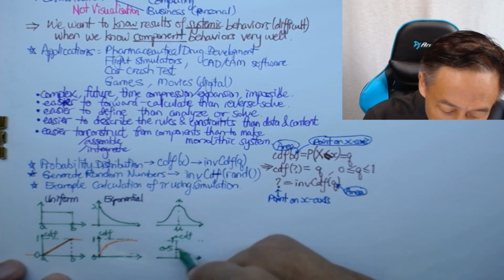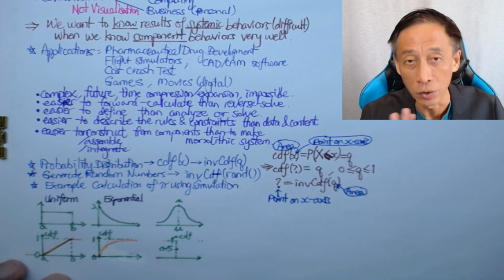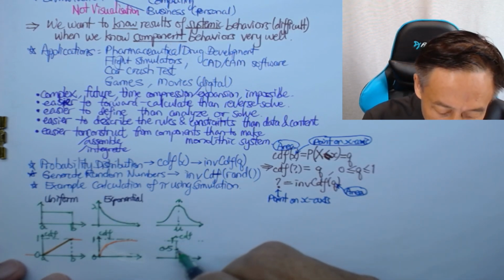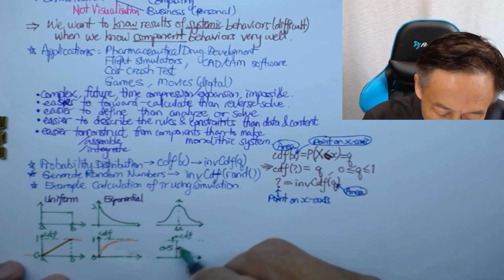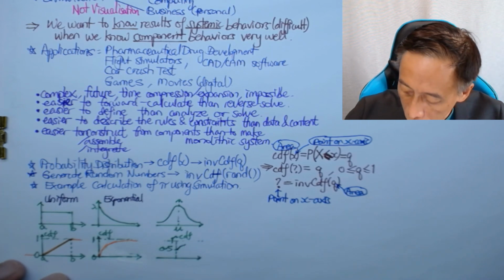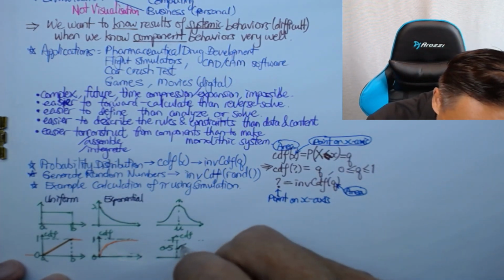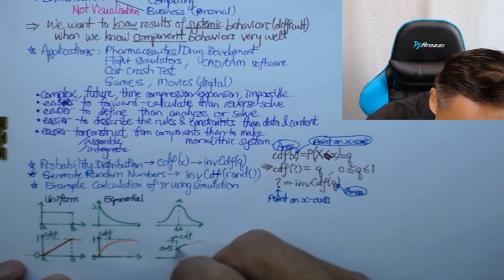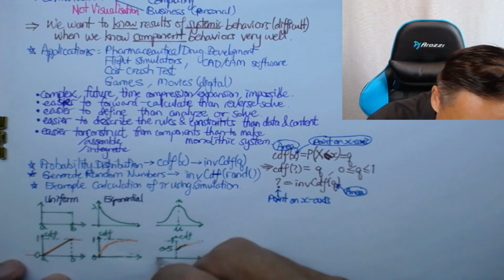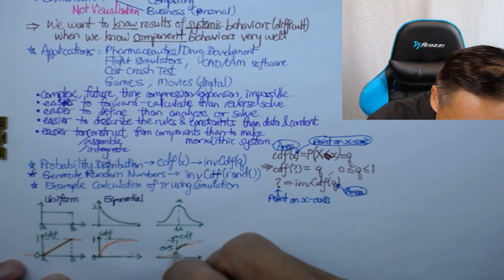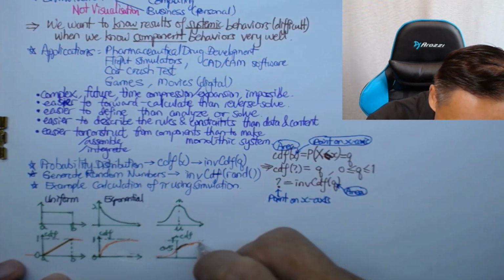So 0.5 is the sort of turning point, because after that it will grow towards 1 like this, and before that it was rising quickly towards 0.5.